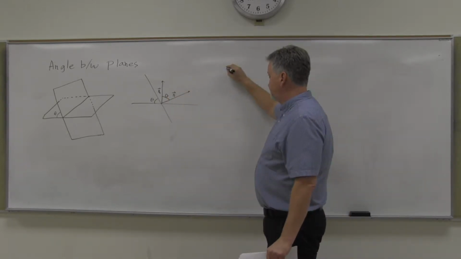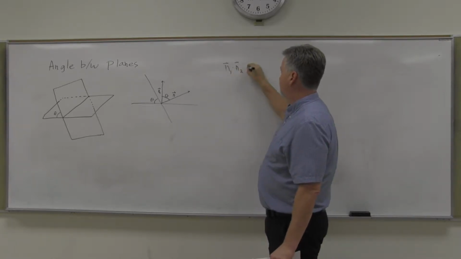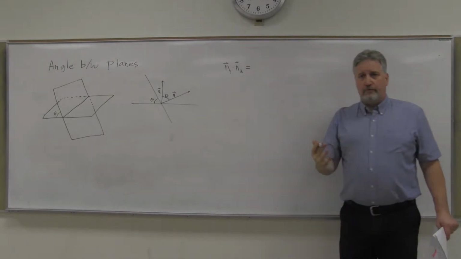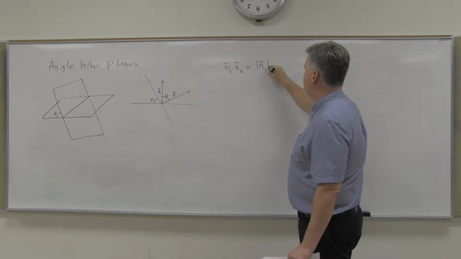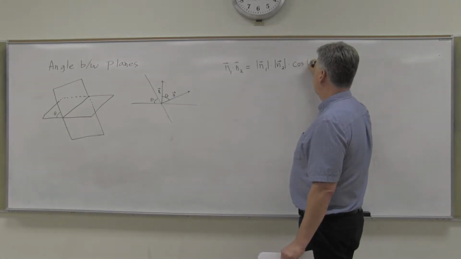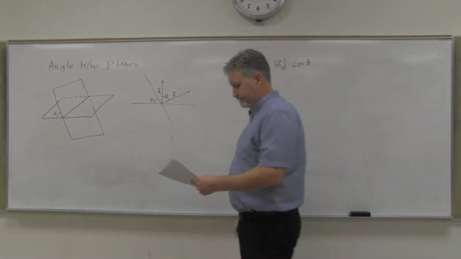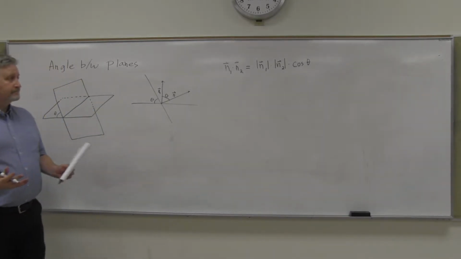So yeah, it turns out if you do the dot product of two vectors, that equals the magnitude of n1 times the magnitude of n2 times the cosine of the angle between them. It's the dot product.